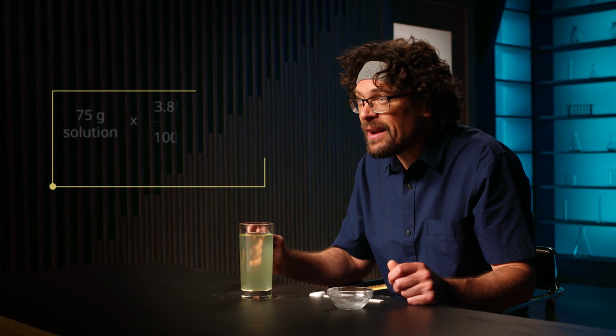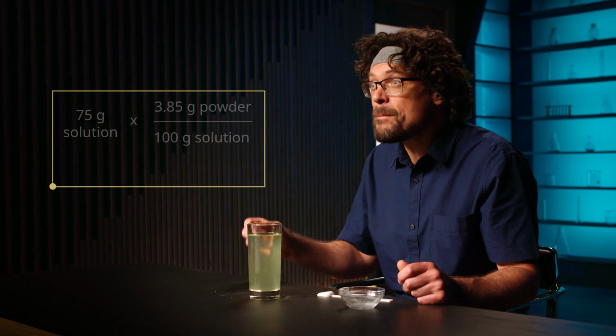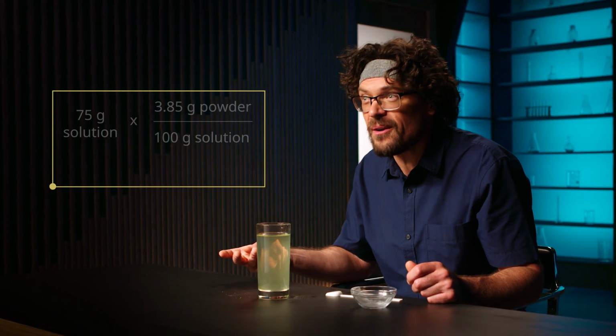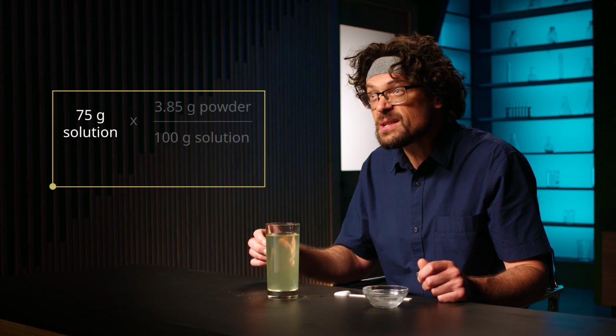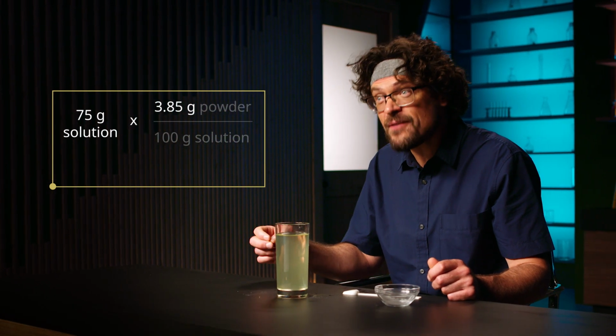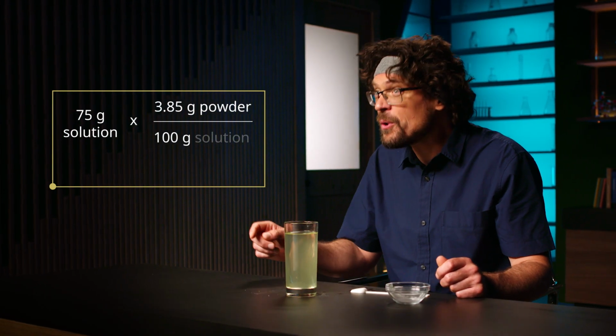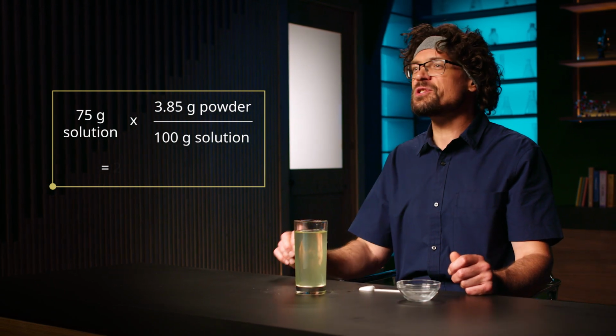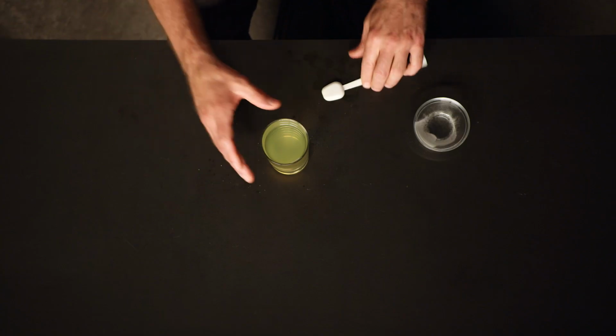How did I get this? Well, I multiplied the 75 grams by the percent by mass ratio. 75 grams times 3.85 grams of powder per 100 grams of solution equals 2.89 grams. But how often do you weigh a liquid? Chemists often work in terms of volume.